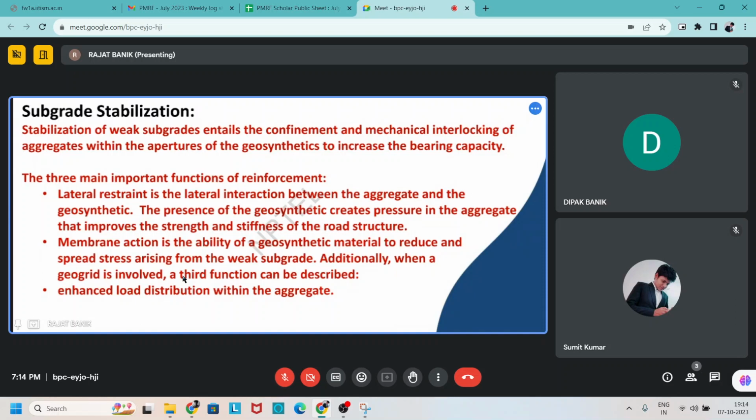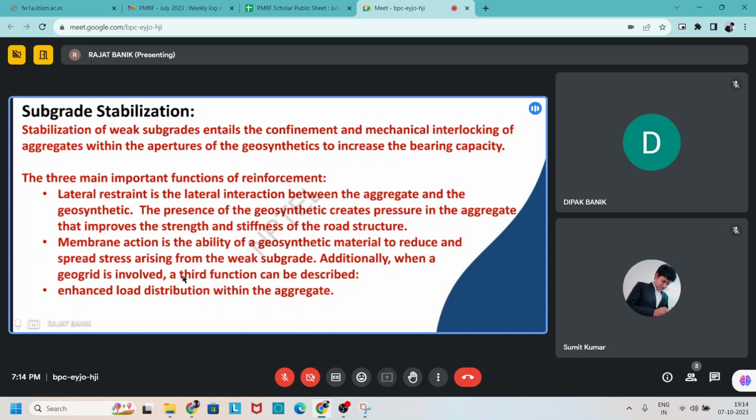The three important functions of reinforcement: lateral restraint is the lateral interaction between the aggregate and the geosynthetic. The presence of the geosynthetic creates confining pressure that improves the strength and stiffness of the road structure.